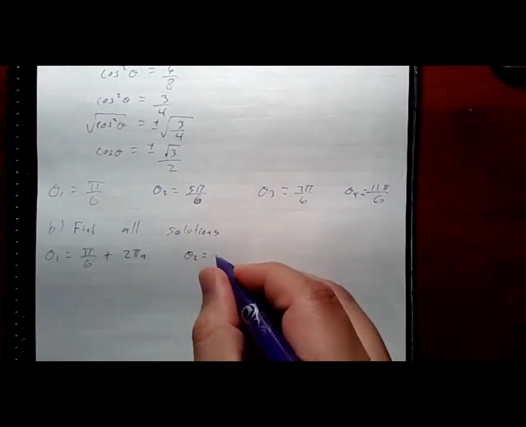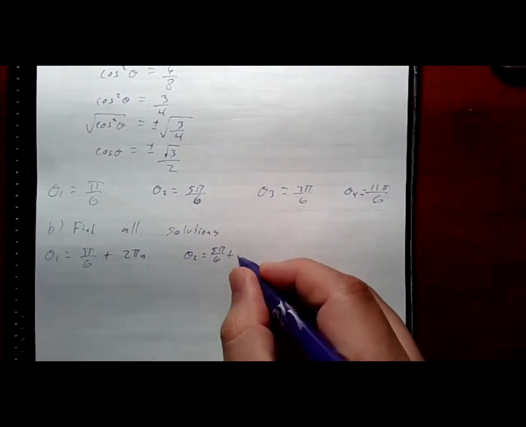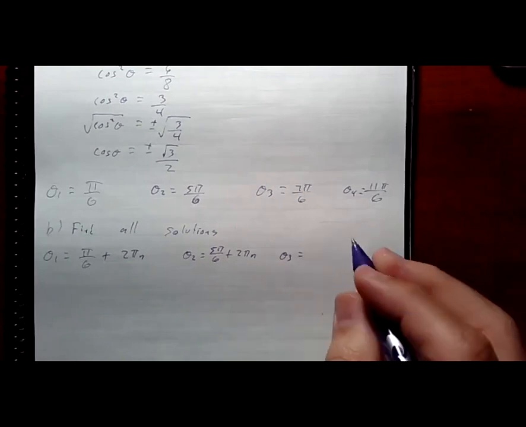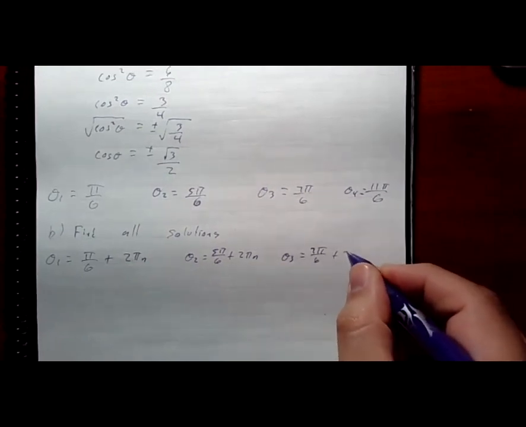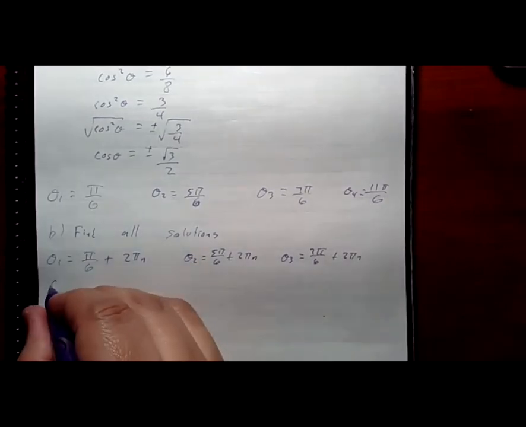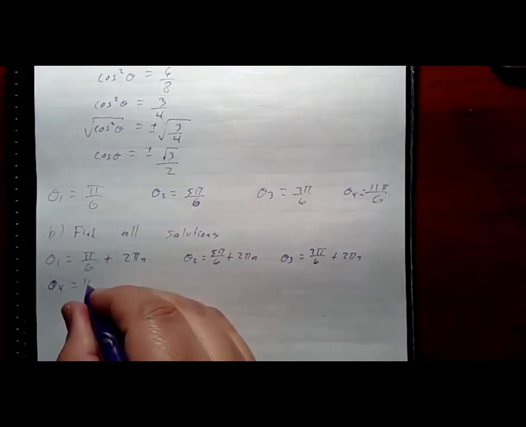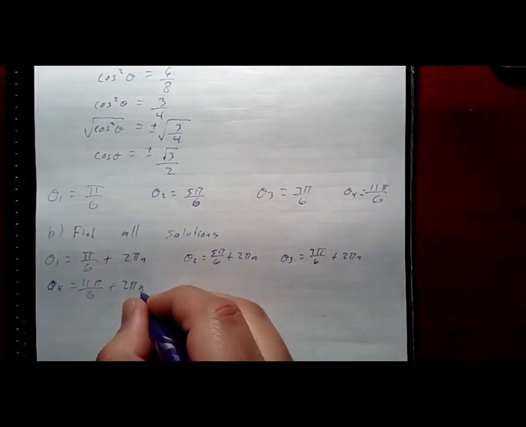Theta 2 is 5 pi over 6 plus 2 pi n. Theta 3 will be 7 pi over 6 plus 2 pi n. Theta 4 would be 11 pi over 6 plus 2 pi n.